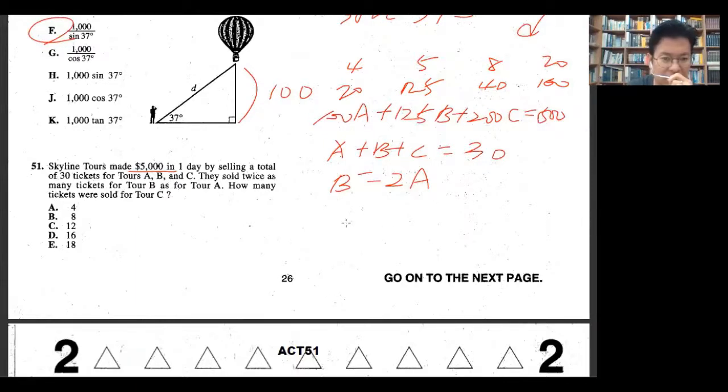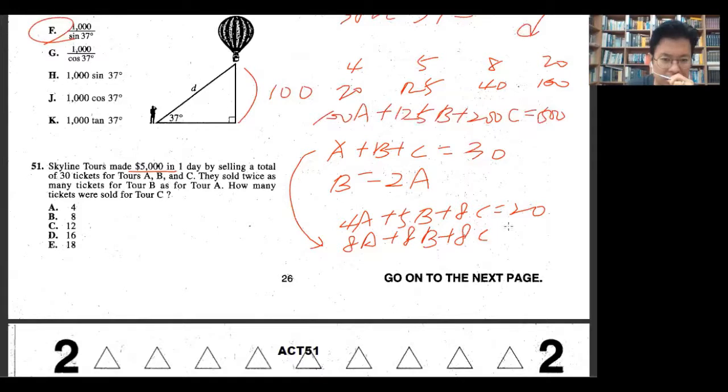Okay. 4A plus 5B plus 8C equals 20. And then we have to get rid of C, so we multiply by 8 on this one. So then 8A, 8B, 8C equals 240. And we subtract each other, C goes away, and then 4A plus 3B equals 220.